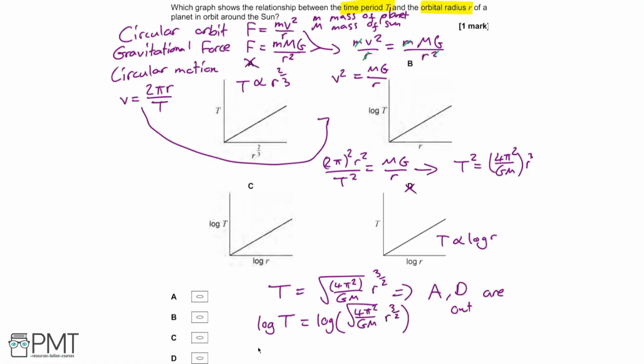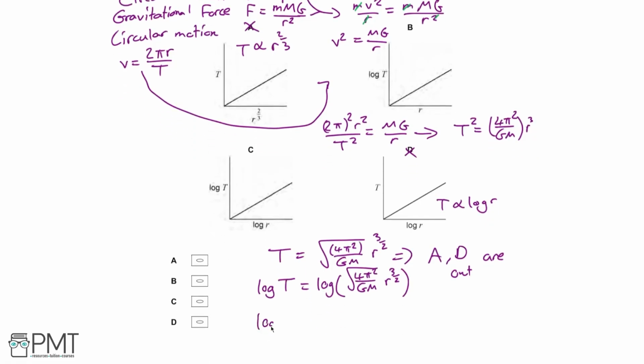We can then use a log law to separate out this log. So what we're doing is we're using the fact that the logarithm of a product of two terms is equal to the sum of the logarithms of the two terms individually. So this becomes log of 4 pi squared divided by gm, all square rooted, and then log of r to the 3 over 2. We can then use another log law, which says that for a number which is held to a power within a log, you can take the power and put it out front.